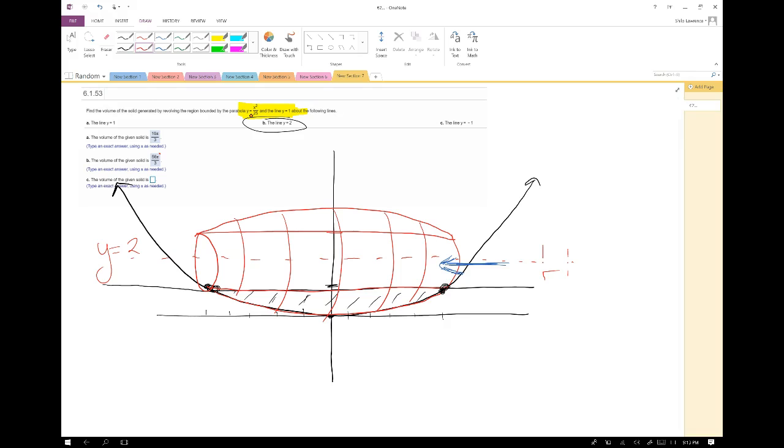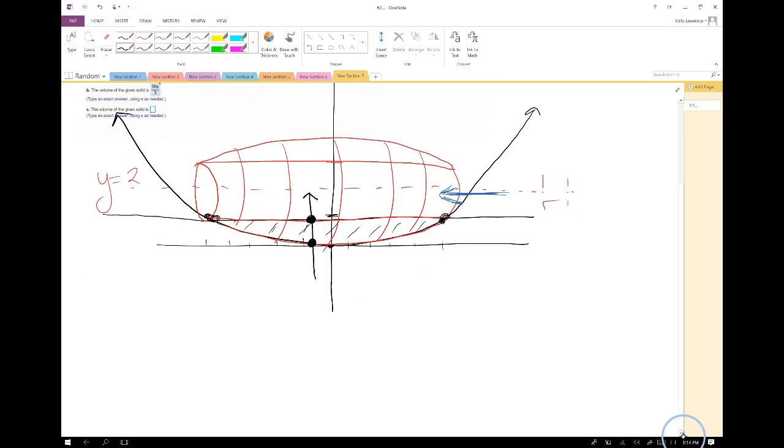Also, in the washer method, to decide the inner and outer functions, you draw an arrow through your region pointing at the axis of revolution. The first graph that it crosses is your outer radius, and the second graph that it crosses is your inner radius.